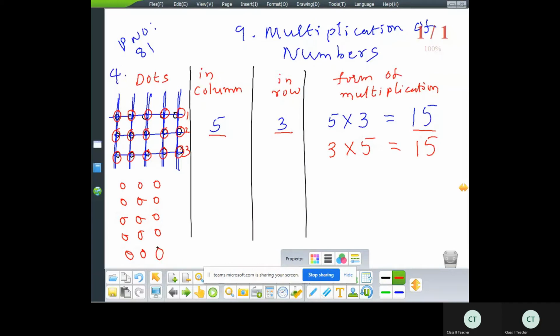Here columns are 1, 2, 3. Rows are 1, 2, 3, 4, 5. 3 fives are 15. So children, this is the solution. 3 fives are 15 for this. 5 threes are 15 for this one.